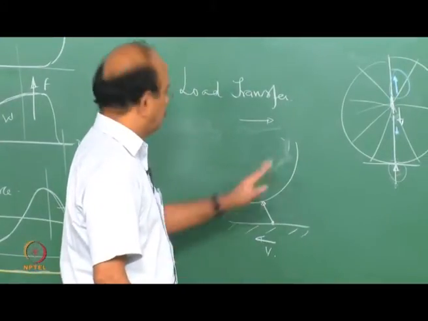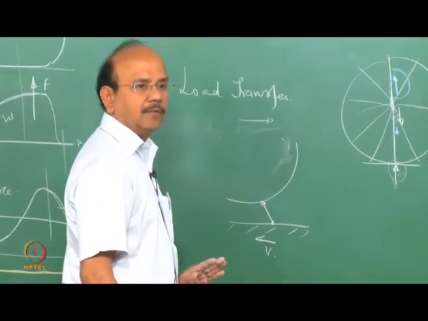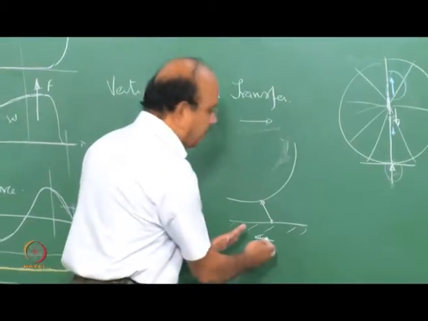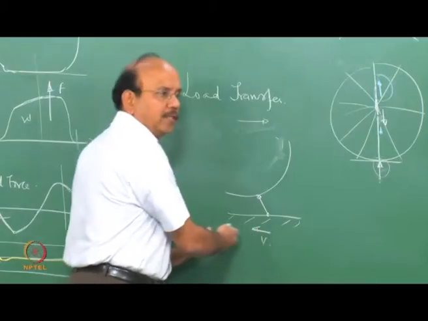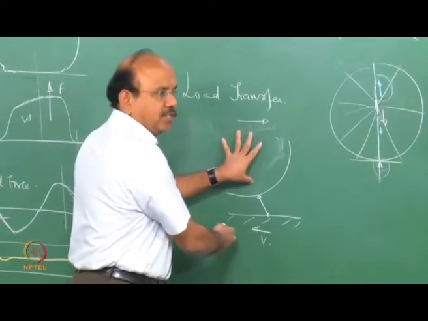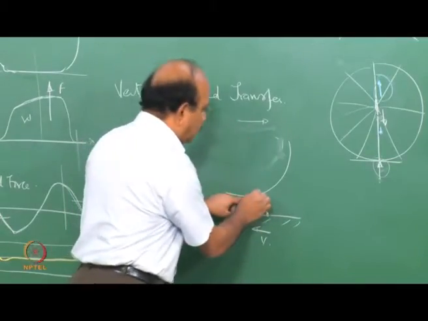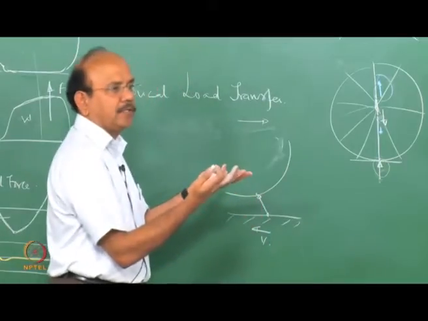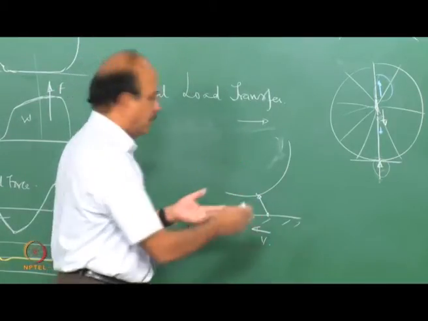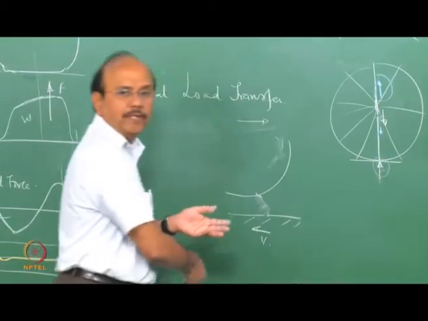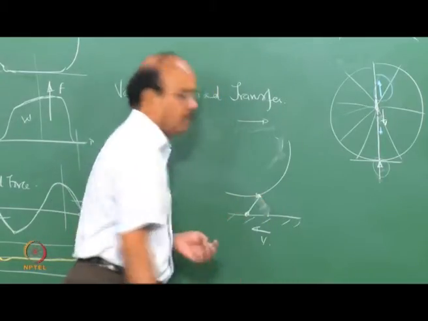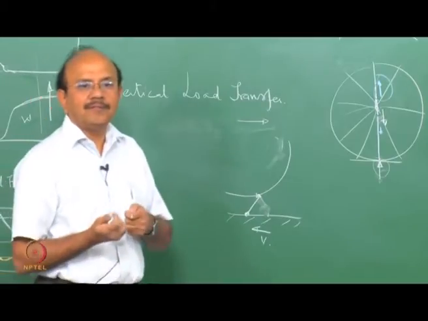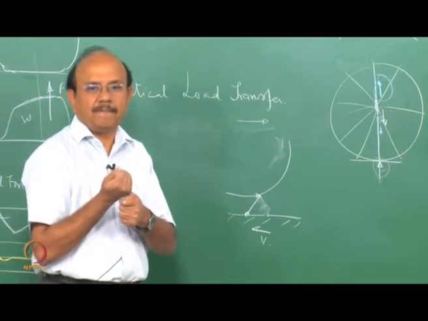So this would result in the ground moving in this direction, as if this is stationary. At this point there won't be any velocity because it's not rotating. The ground is moving in this direction, and that is how the tread will be stretched.